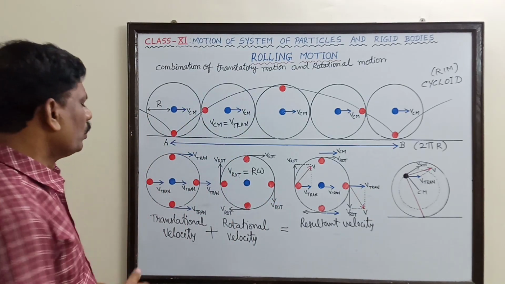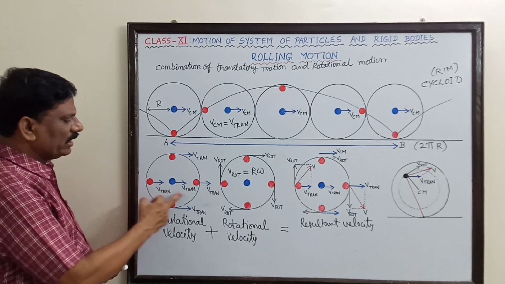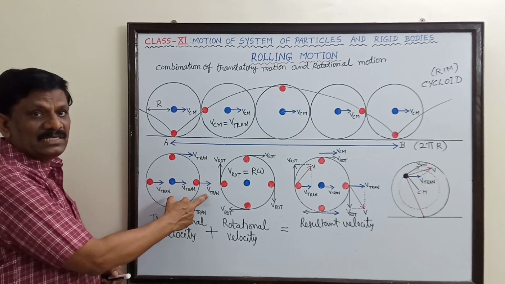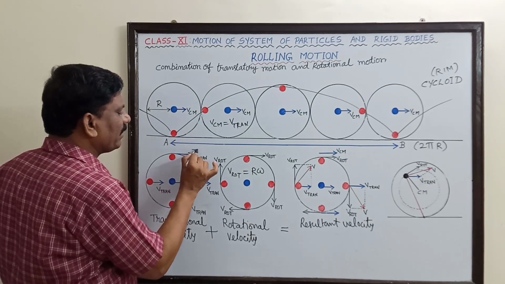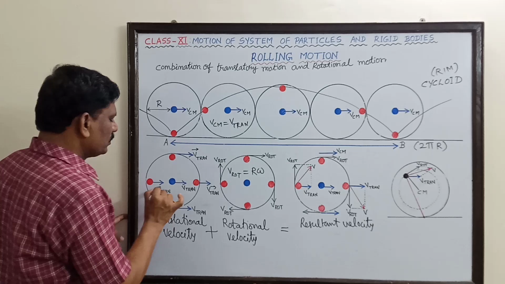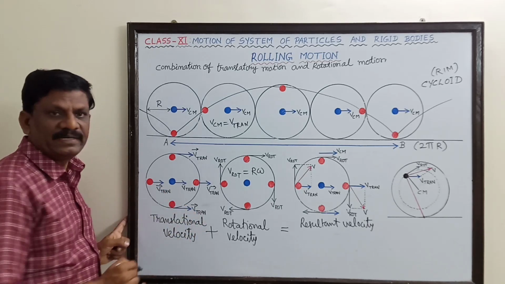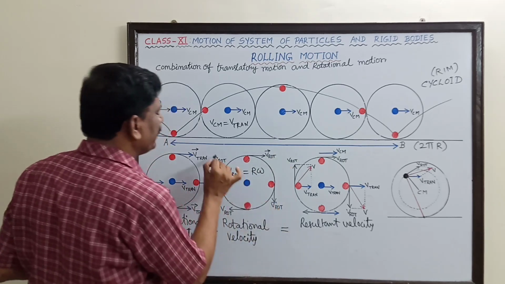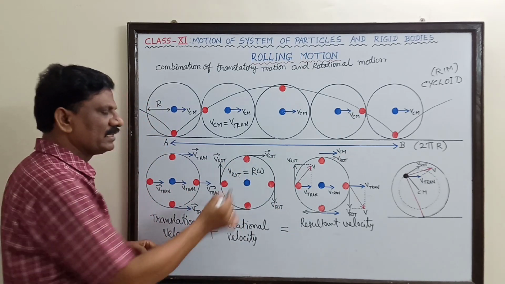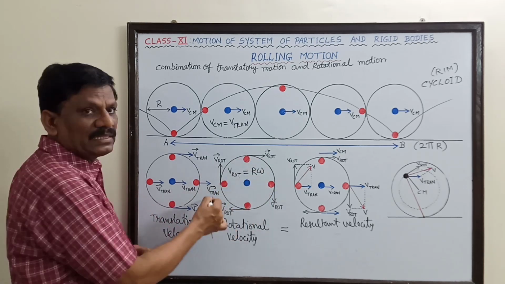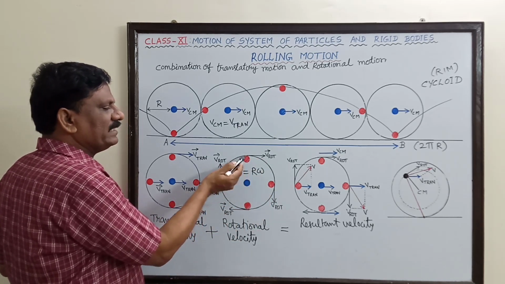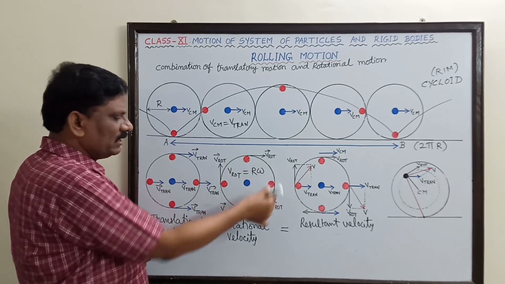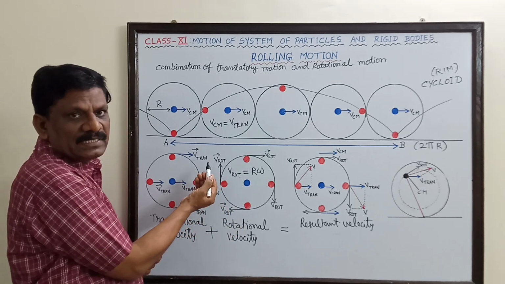Now look at the first picture. The direction as well as the magnitude of the translational velocity is shown here. You can also represent it in vector form, both in magnitude as well as direction. V rotation is also expressed in vector form. It is tangential to the circular path. So for this particle, if you draw a tangent, it is towards the right, for this particle it is downwards, this is to the left and this is upwards.